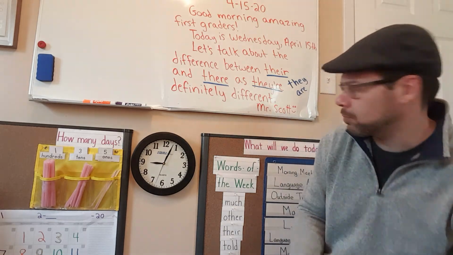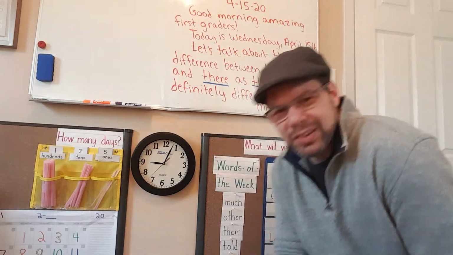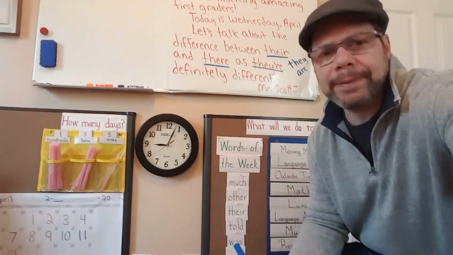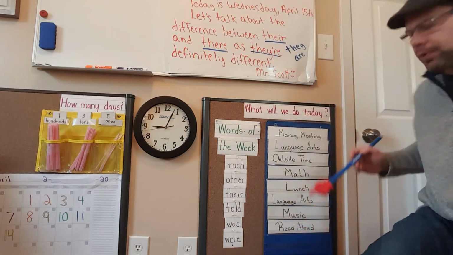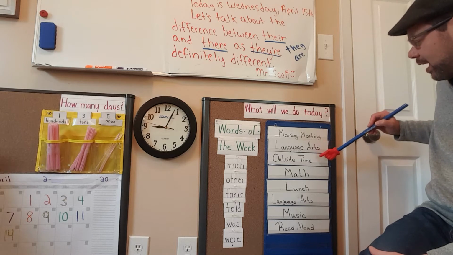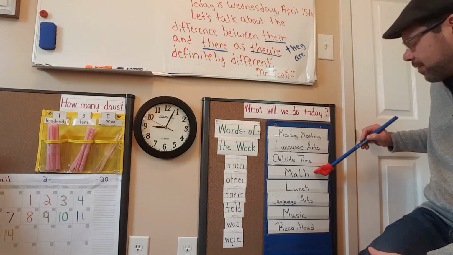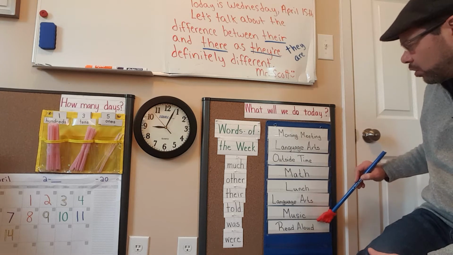All right. So let's go over our schedule for today. Today is a music day. Wednesday's a music day, so I put that at the very end here. Ready? Morning meeting, language arts, outside time, math, lunch, language arts, music, read aloud.